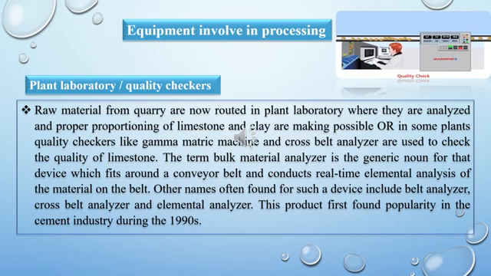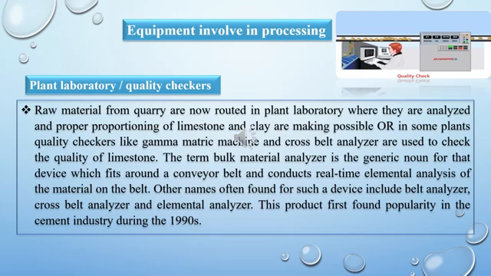So students, in this he just explained that quality checkers check the quality of limestone and the clay. For this purpose, different devices are used like gamma metric machines and belt analyzers. These are the different devices which are being used for checking the quality of limestone or the clay which is shipped toward the factory.